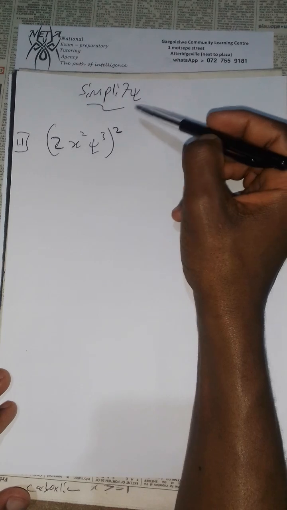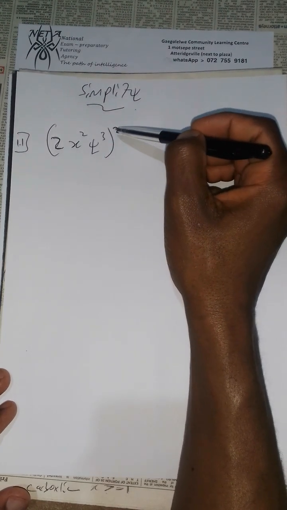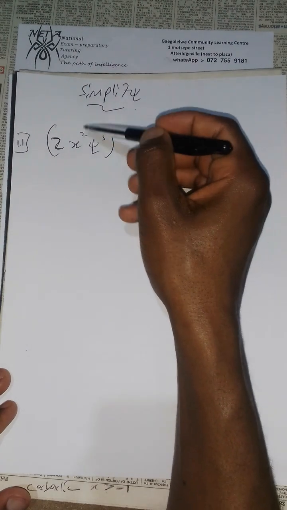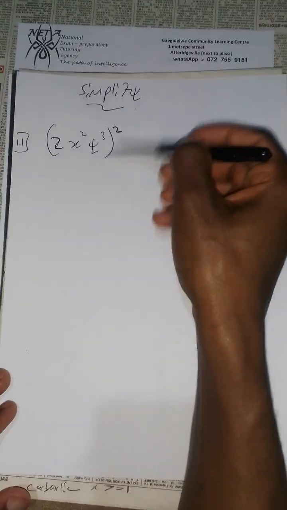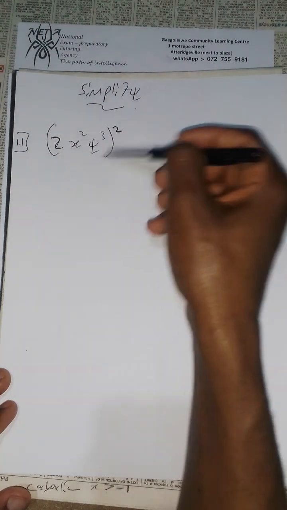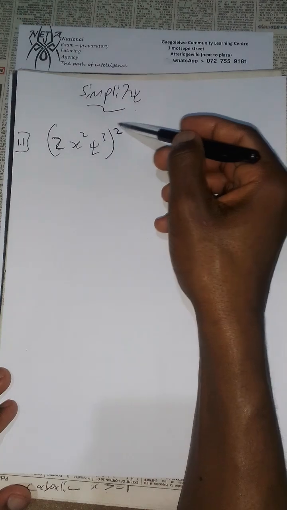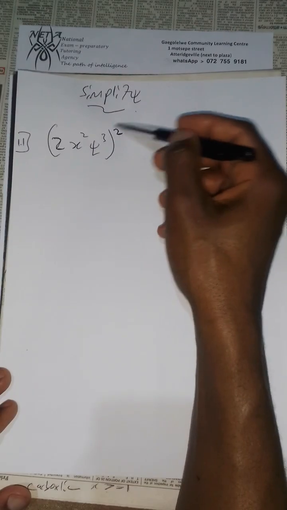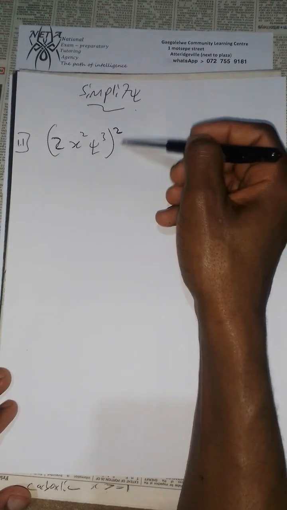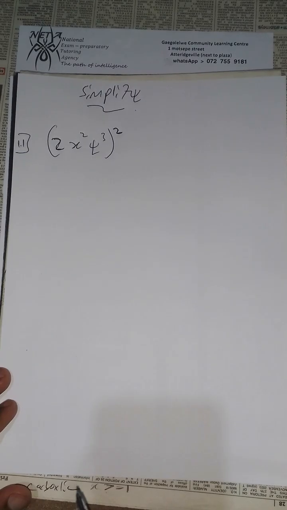Now, the first thing that should be done is that you have to allocate this 2 to every term inside, to every variable and coefficient inside the brackets. What I simply mean is that this exponent of 2 that is outside the brackets must be allocated to every existing exponent inside the brackets.